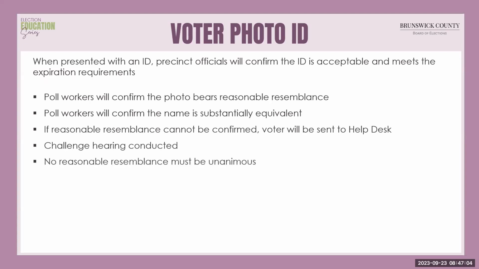The decision that there is no reasonable resemblance must be unanimous. If it is not, then the voter will be provided with their regular ballot that they will be able to put through the tabulator. If the decision is unanimous that there is no reasonable resemblance, then the voter will be offered a provisional ballot with instructions on how to satisfy the photo ID requirements prior to the county canvass.